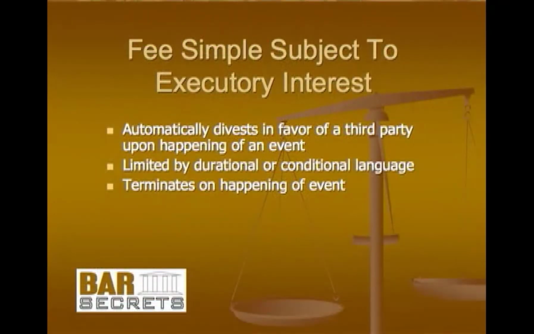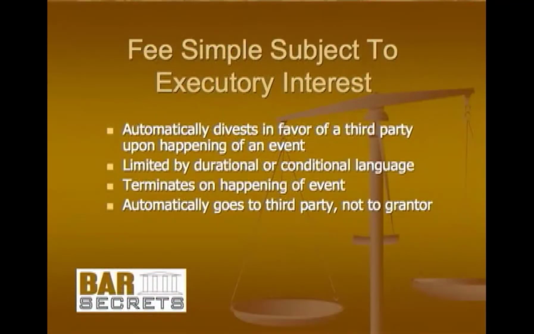So we could say to John, as long as he stays married to Mary, but if he doesn't, then to Bill. Notice I have a third party in there. So Bill has an executory interest. And we could do it the other way.